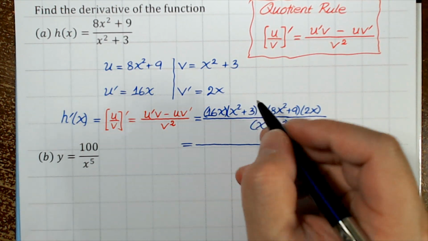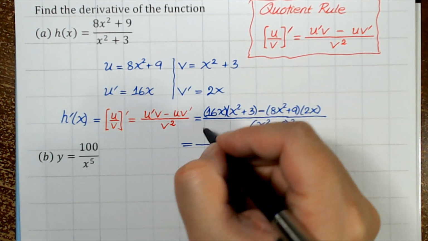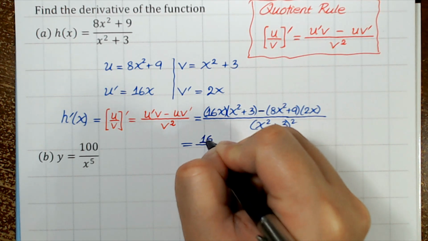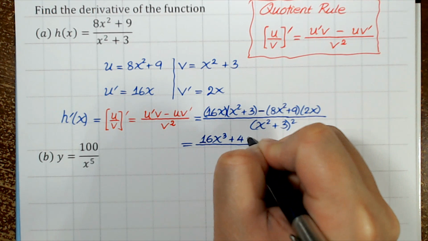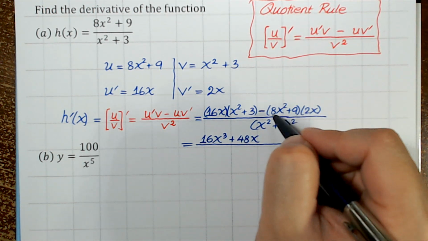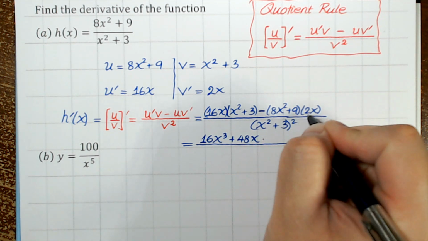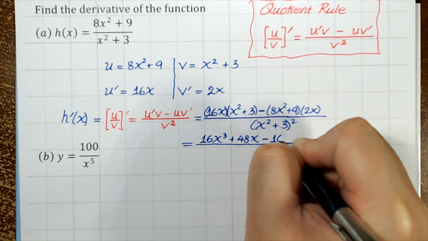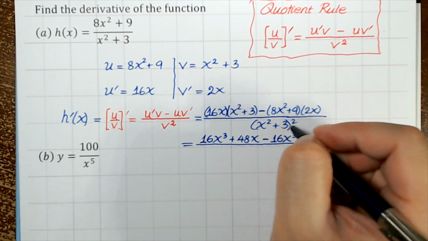When we do that, be mindful with this negative sign. 16x times x squared, that's 16x cubed, plus 48x. 2x times 8x squared, that is 16x cubed, but with the minus.